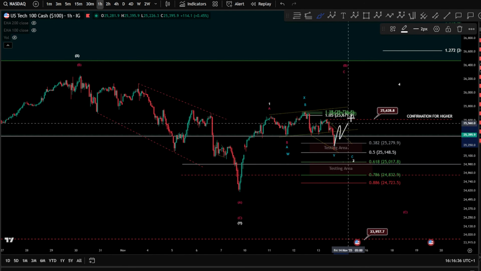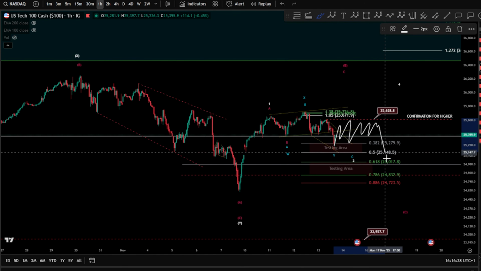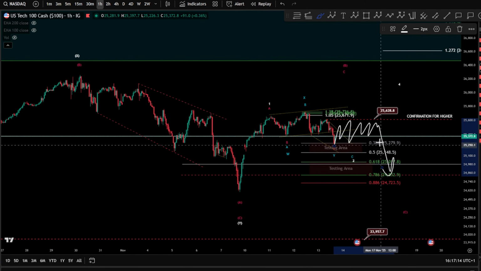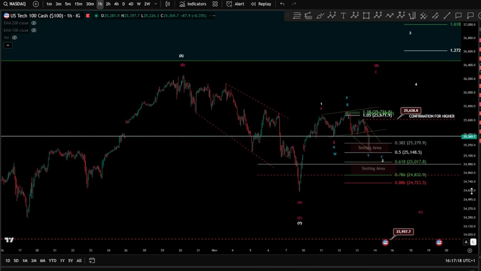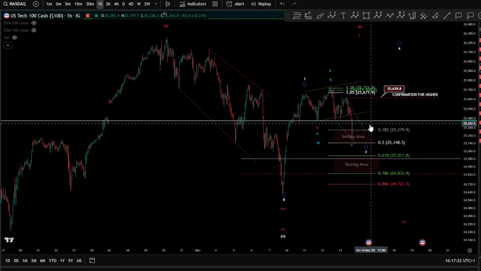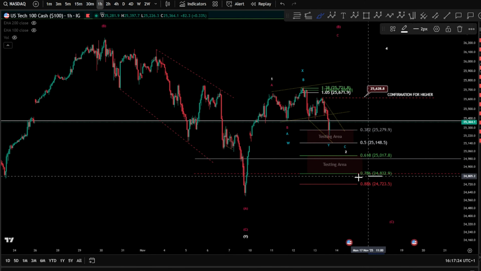And of course, if we stay below this 25K 600, it might still move for lower prices. It can still go lower as testing area 2, which might be the perfect fib level for a wave 2 there, in case the 886 is taken.